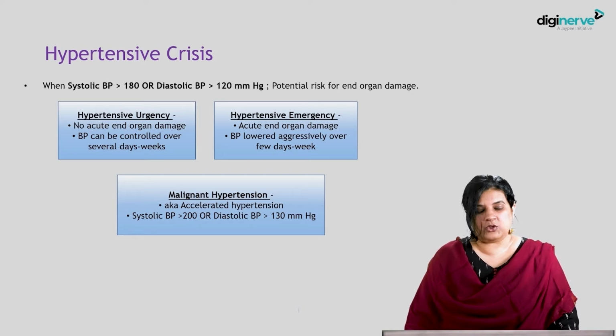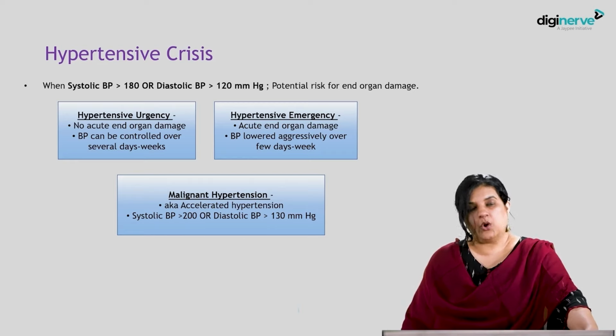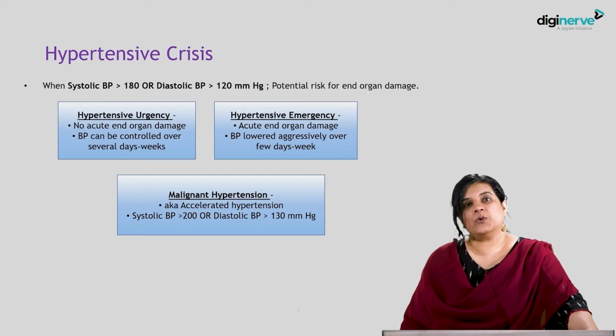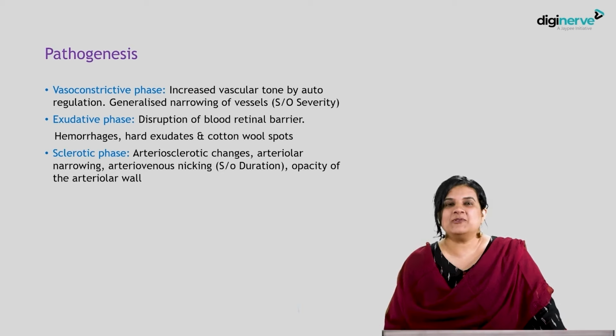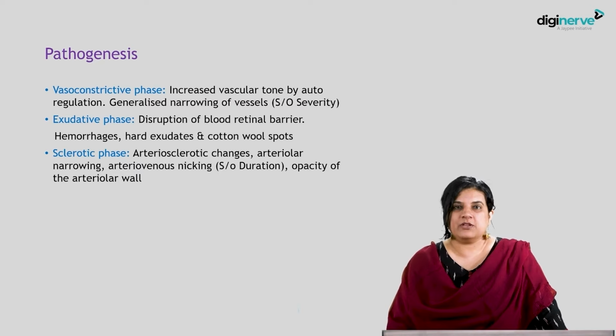Malignant hypertension or accelerated hypertension, on the other hand, requires emergent attention, and in this condition, the systolic blood pressure is over 200 millimeters of mercury or the diastolic blood pressure is over 130 millimeters of mercury. So, the pathogenesis of hypertensive retinopathy has three phases: the vasoconstrictive phase, the exudative phase, and then the sclerotic phase.